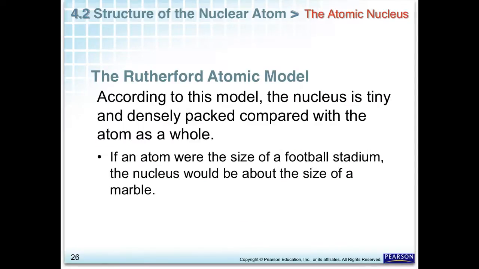According to this model, the nucleus is very teeny tiny and very densely packed compared to the rest of the atom. If an atom was approximately the size of a football stadium, so we blow it up great big, the nucleus is only about the size of a marble sitting on the 50-yard line. So very small compared to the rest of the space. And we'll be talking more about the electrons and where they are at a later time.